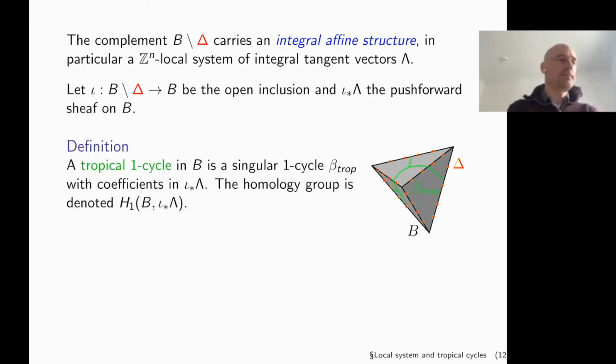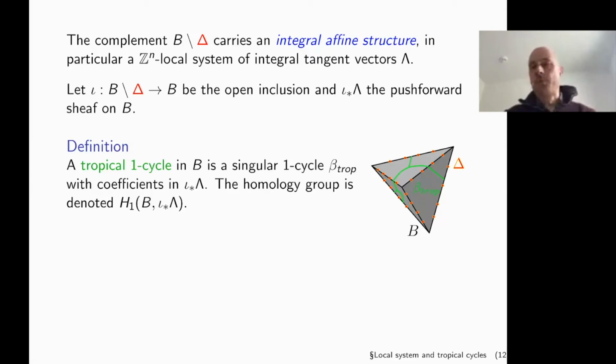So here's a definition. A tropical 1-cycle in the base B is a singular 1-cycle, just as in singular homology, let's call it beta trop, but with coefficients in a constructible sheaf, namely this i lower star lambda.